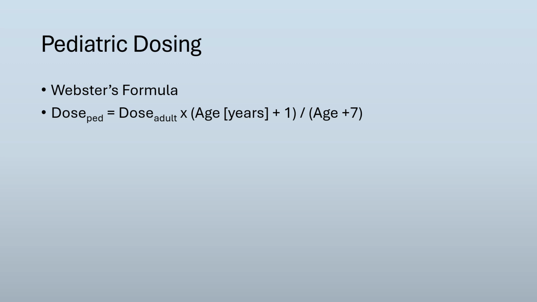If performing any PET studies on pediatric patients, there are several different formulas that are known and recognized for pediatric dosing. Because this is largely dependent on the facility, we're not going to go into a lot of detail on pediatric dosing, but one common method that's used is Webster's formula, and there's the formula for it there.